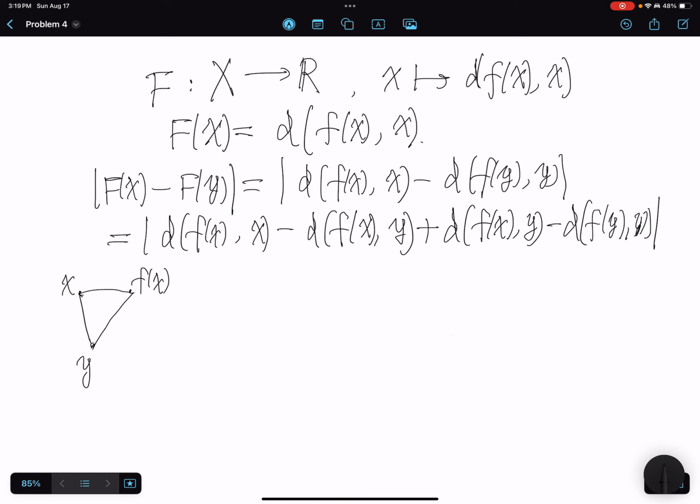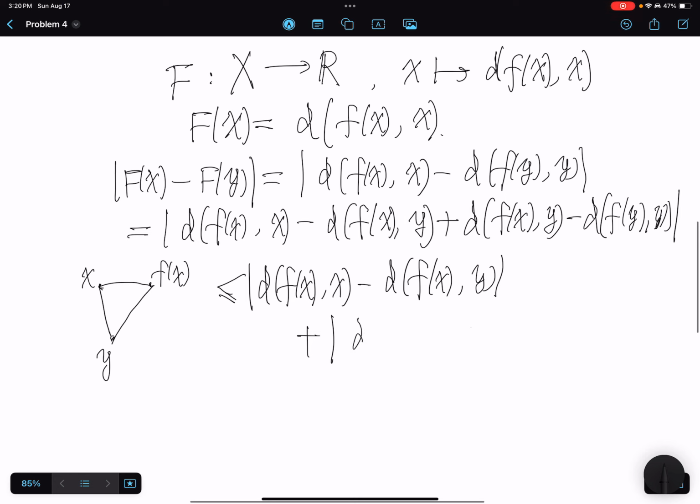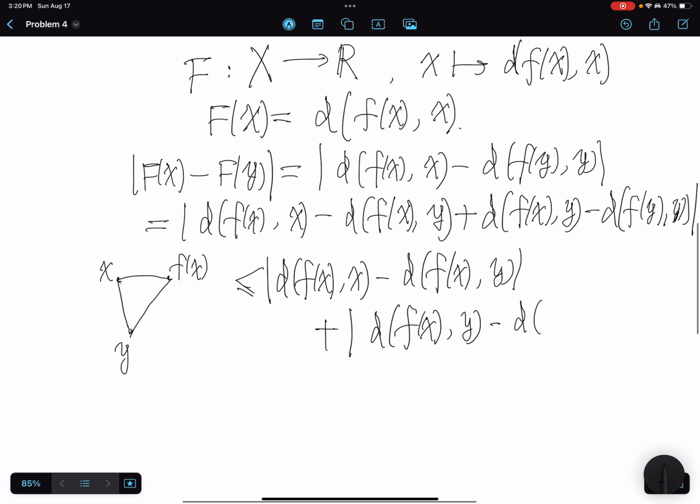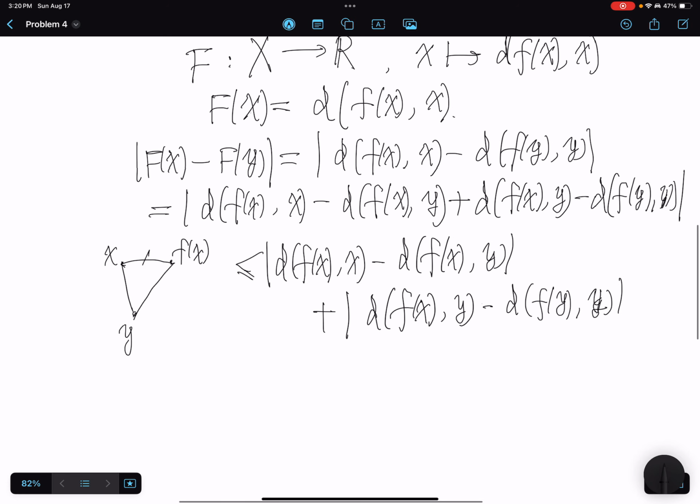By the triangle inequality, using that the absolute value of a plus b is less than or equal to the sum of absolute values, this is less than or equal to the absolute value of the distance between f of x and x minus the distance between f of x and y, plus the absolute value of the distance between f of x and y minus the distance between f of y and y. By the triangle inequality, the first term is less than or equal to the distance between x and y.